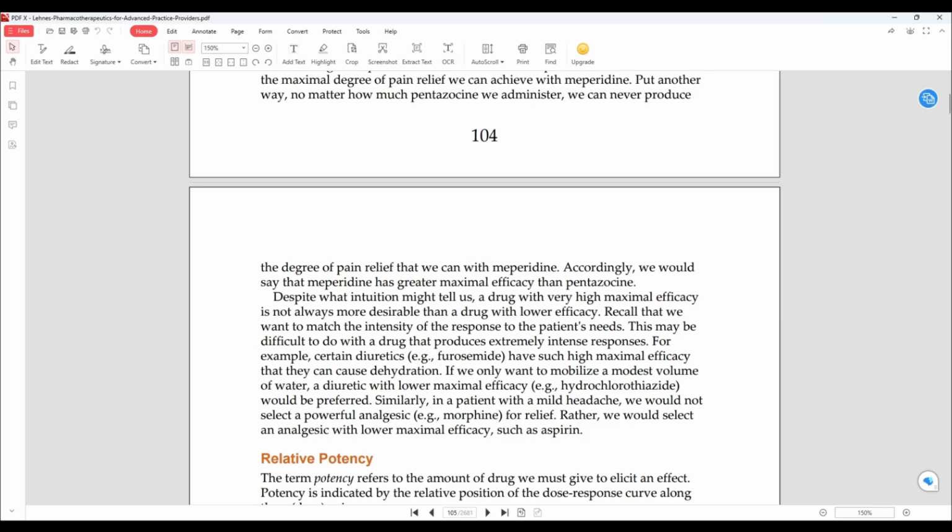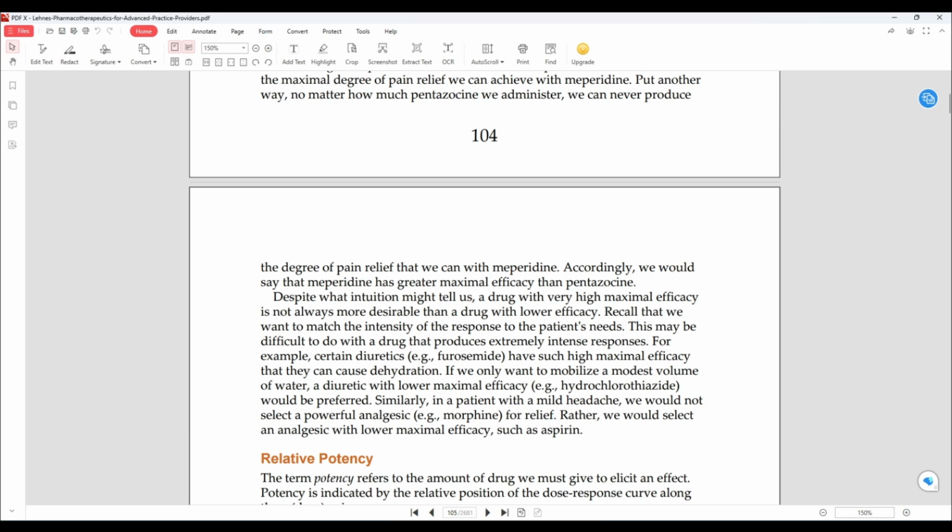Despite what intuition might tell us, a drug with very high maximal efficacy is not always more desirable than a drug with a lower efficacy. Recall that we want to match the intensity of the response to the patient's need. This may be difficult to do with a drug that produces extremely intense responses. For example, certain diuretics like Lasix have such high maximal efficacy that they can cause dehydration.